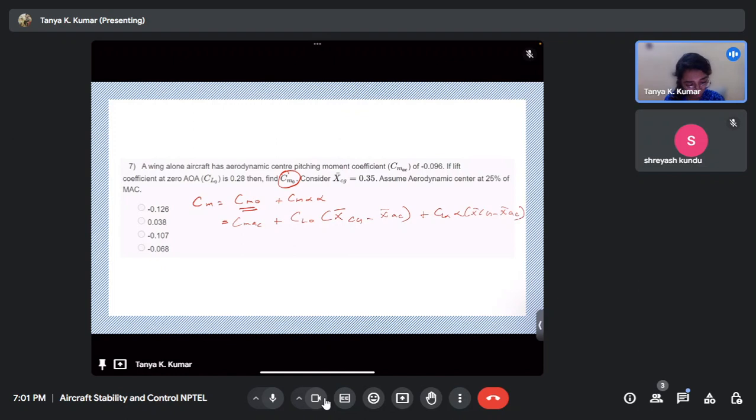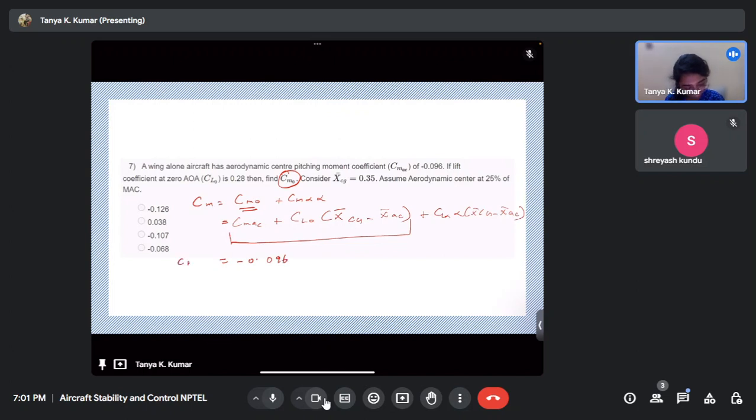Okay, so now just expand it. We need to find out Cm naught. So this entire thing would come under Cm naught because those are the terms that are independent of angle of attack. So Cm AC is minus 0.096.